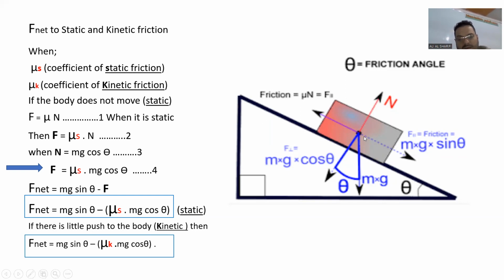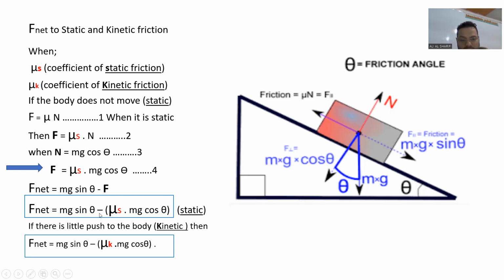Here, the body is moving in this direction. By that, F net will equal mg sine theta minus the static friction, or minus the kinetic friction. What does that mean? That means here I will have two F nets, static and kinetic.